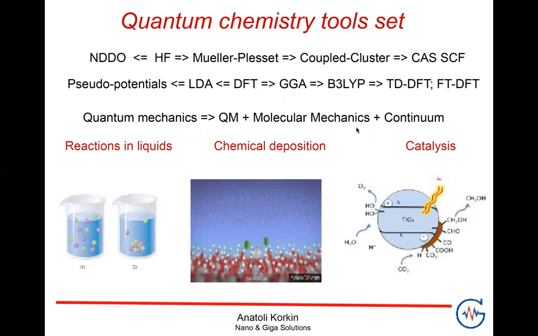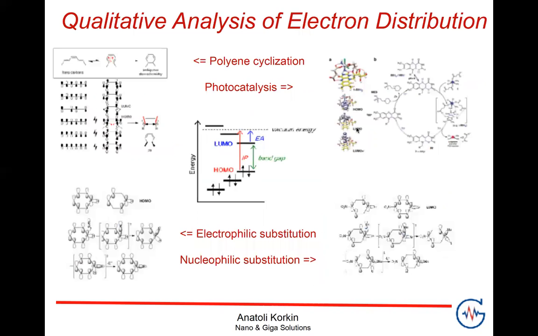So where are these quantum methods applied? In many different types of applications, such as reactions in liquid, for example, chemical deposition, catalysis, and so on. In fact, qualitative analysis of electron distribution still remains a tool. When you analyze, in particular in qualitative analysis of reactions or structure, that is used in combination with quantitative calculation, because it gives some basis of understanding of the nature.